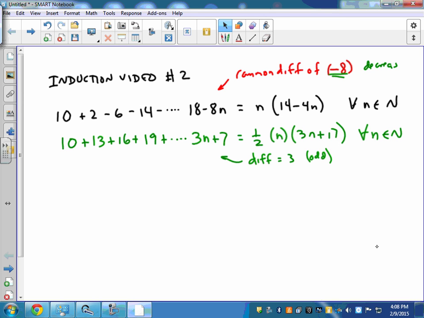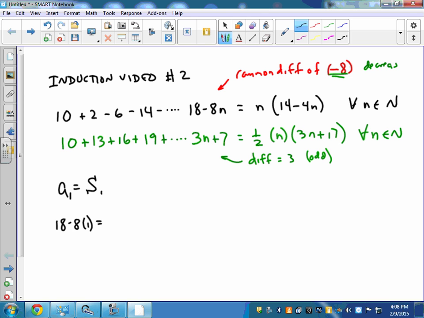For the black one, we need to show that a sub 1 is equal to s sub 1. So that's going to be 18 minus 8 times 1 is supposed to be the same as 1 times 14 minus 4 times 1. And I'll put a question mark there. Again, a quick review.